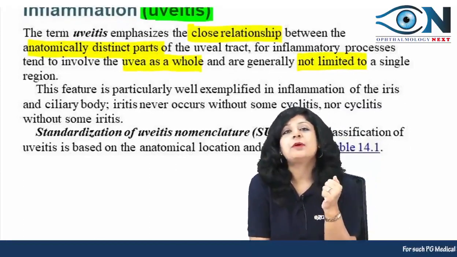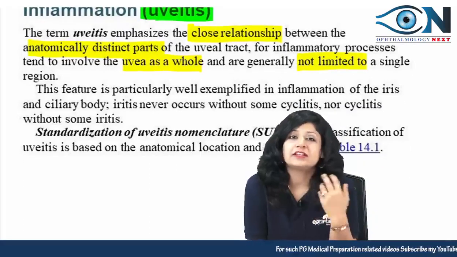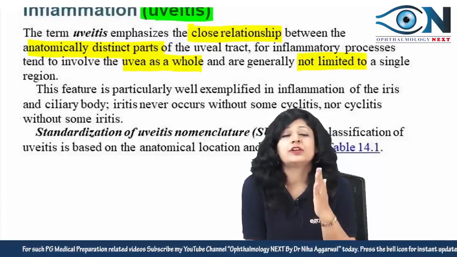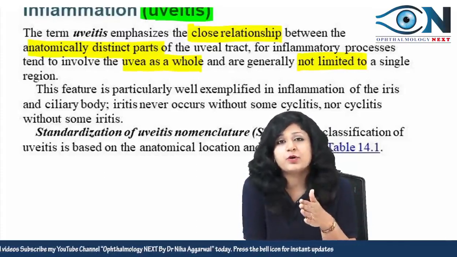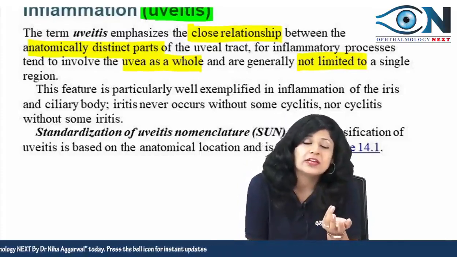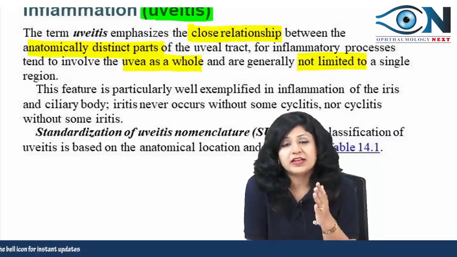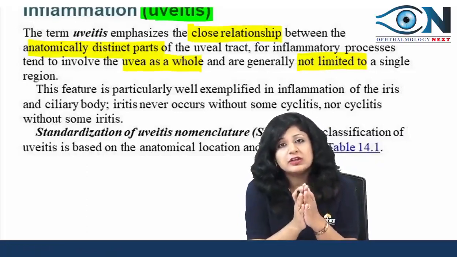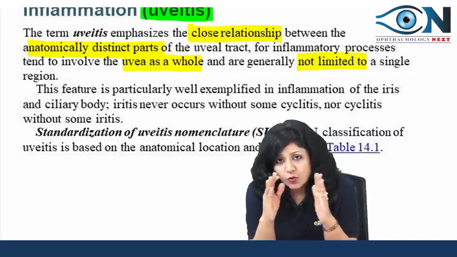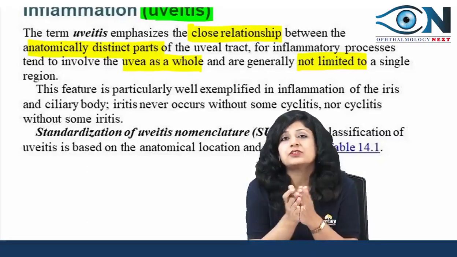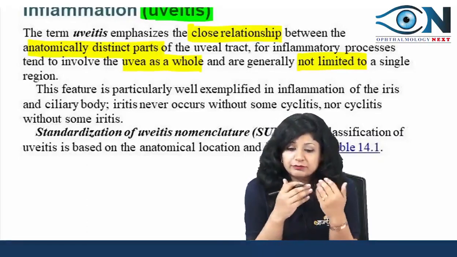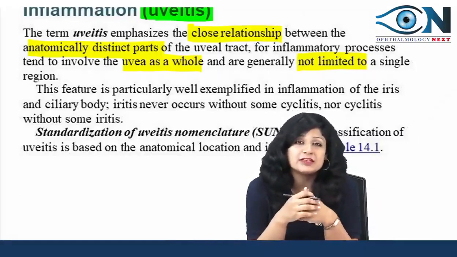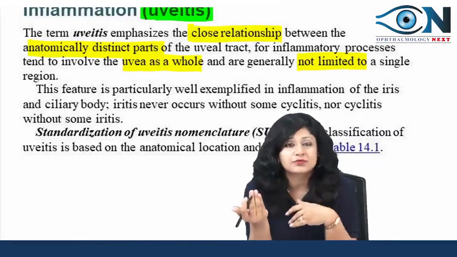Whenever we are talking about uveitis, it is involving either the iris and the part of the ciliary body, or it is involving the posterior part of the ciliary body, it is involving the choroid, and if it is involving the choroid, then the retina is also connected. And there is also a type of inflammation where the whole of the uveal tract is involved, that is your panuveitis. So definitely speaking, we have got different types of uveitis pertaining to different parts of the uveal tract.